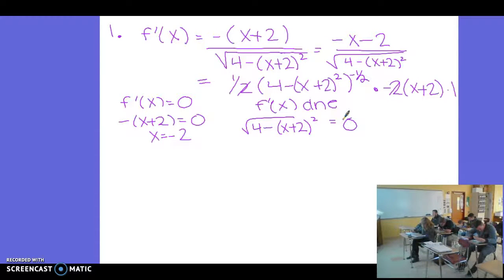So this is going to equal 0. If you work backwards to get rid of the square root, you'd square it, then you get 4 minus all of this. So really what I need here is for this to be a positive 4. So I need 2 plus 2, so when x equals 2.